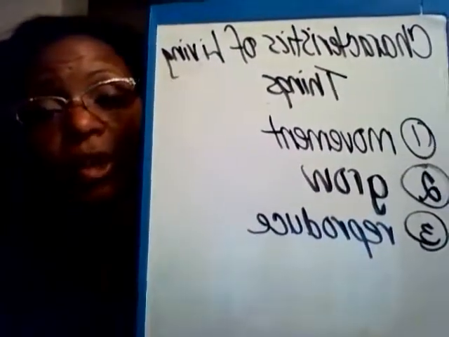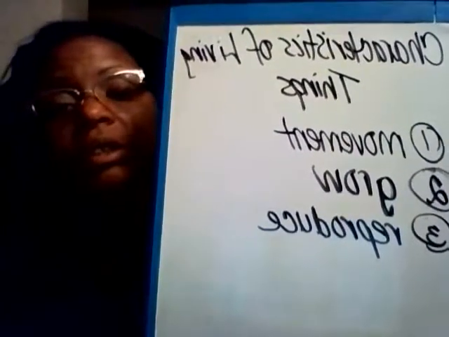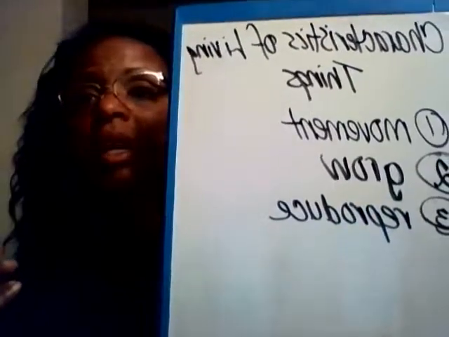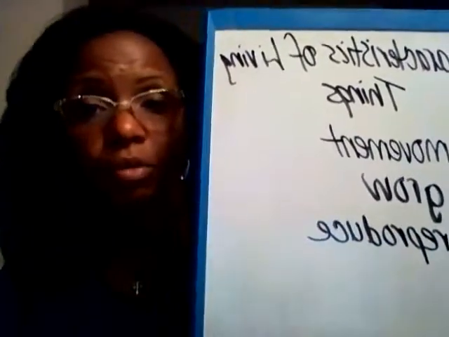Reproduction is the third characteristic of living things. Living things can reproduce. Bacteria can reproduce. If you have been introduced to enough of them, if they continue to reproduce, they can make you very sick. Some bacteria can reproduce in abundance and so much that they can kill you. Next.